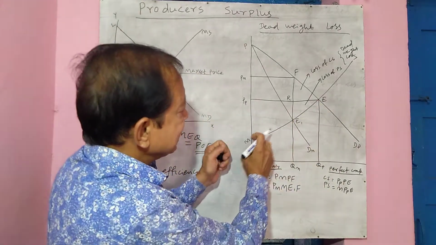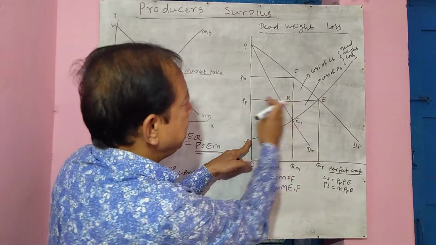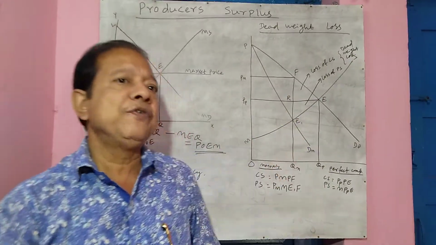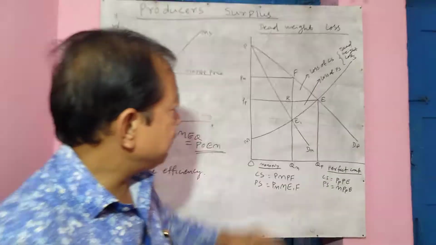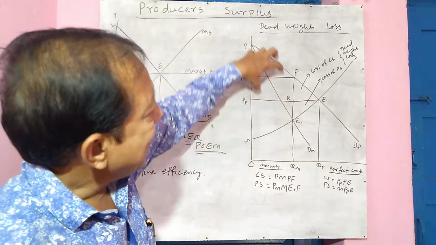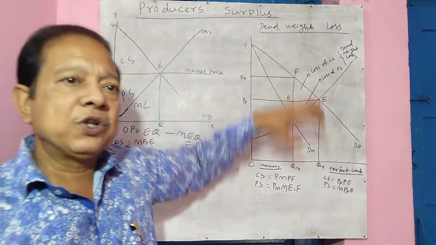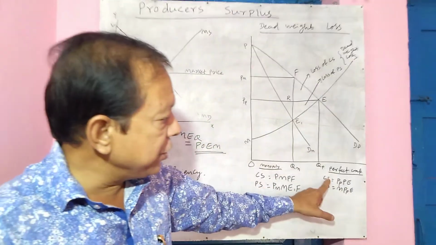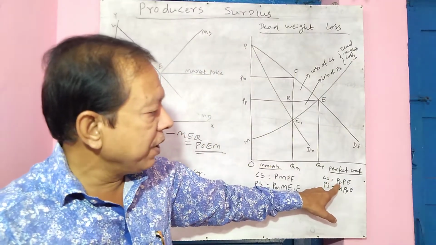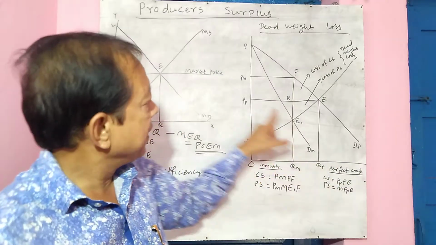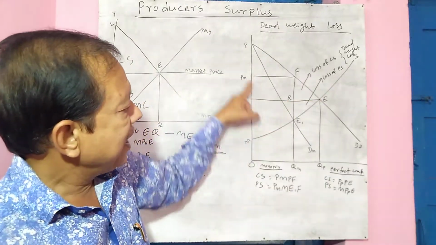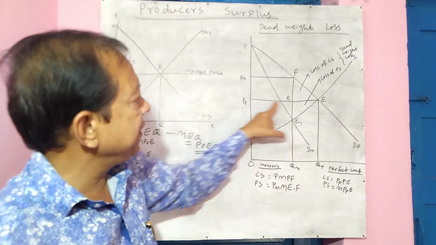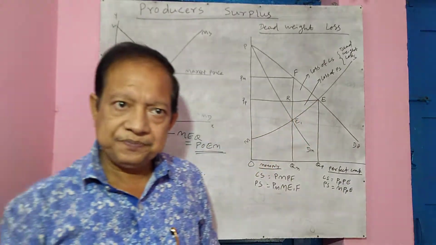So therefore, this little triangle M, E, PP is left as extra revenue for the producers. So therefore, this is the producer surplus and this is the consumer surplus for the consumers under perfect competition. I have written here consumer surplus is PP, PE, this one, and producer surplus is M, PP, E. This is the producer surplus.